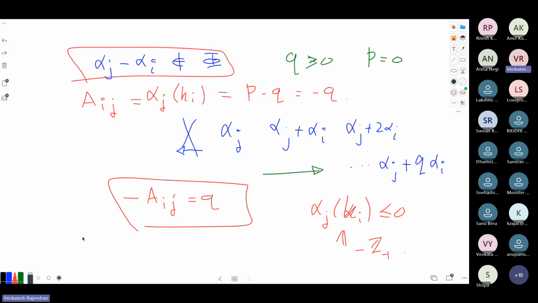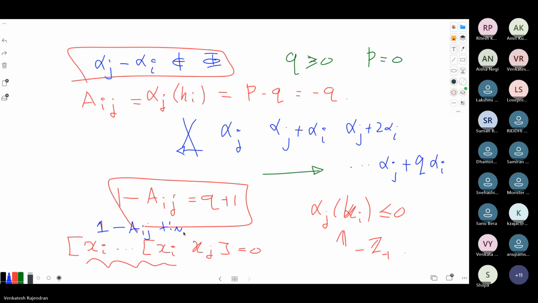So that means when I apply xi, q plus 1 times, then that must be 0. So I take this and apply q plus 1 times, and q plus 1 is 1 minus aij. So you apply it 1 minus aij times, and then you get the relation.